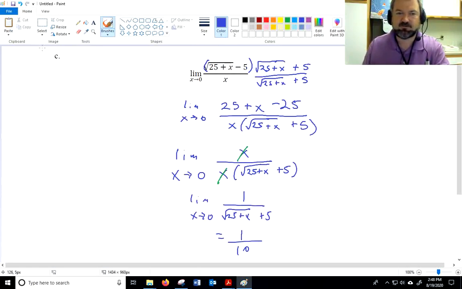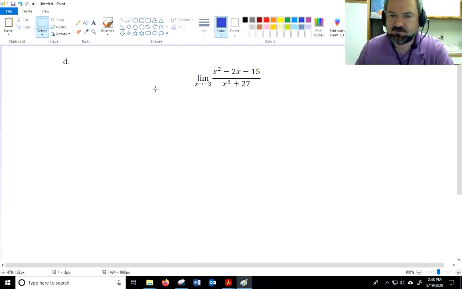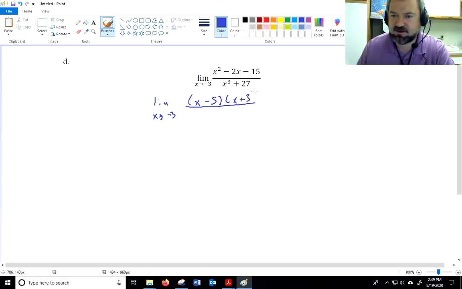All right, now we're ready for letter D, right? All right, on this one here, you should factor the denominator and the numerator, actually. So it'll be x minus 5 times x plus 3 on top.